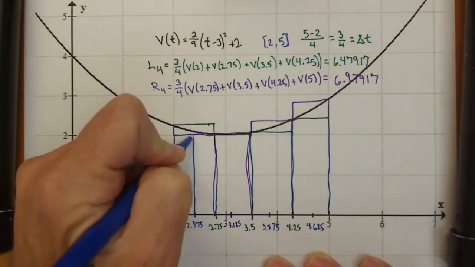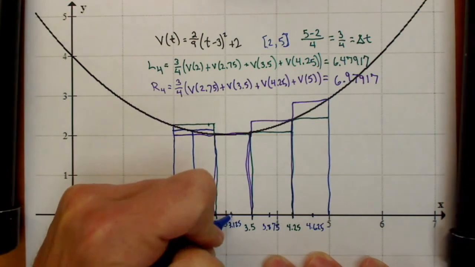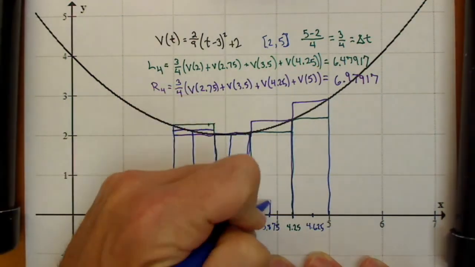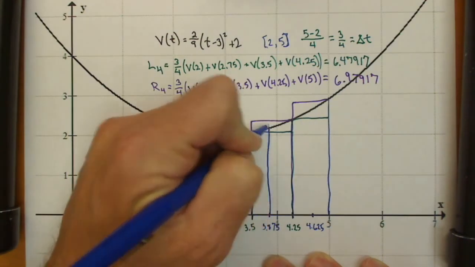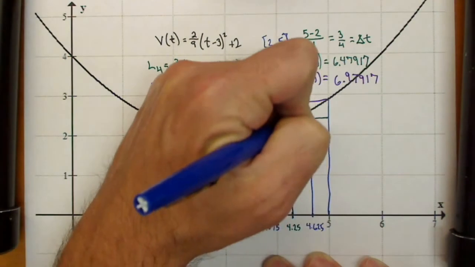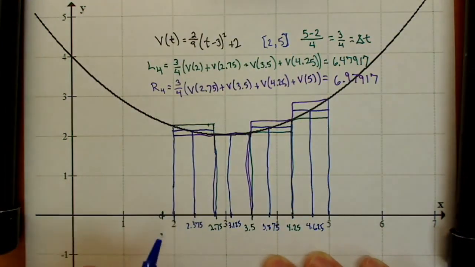Hopefully this drawing isn't getting too convoluted, and you can see the rectangle there in the blue. We had seen in the last activity that the midpoint rule gives a little bit better estimate than the left hand and the right hand. Now the midpoint rule is going to use those values instead.